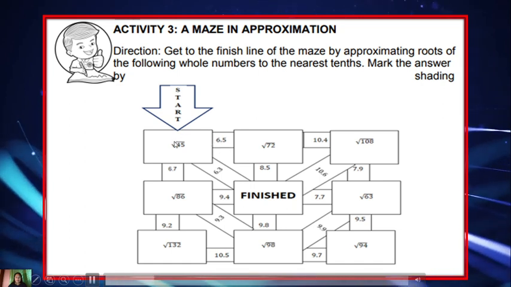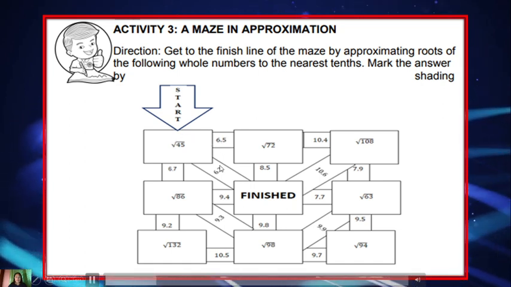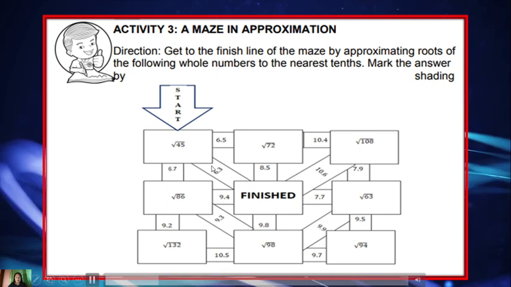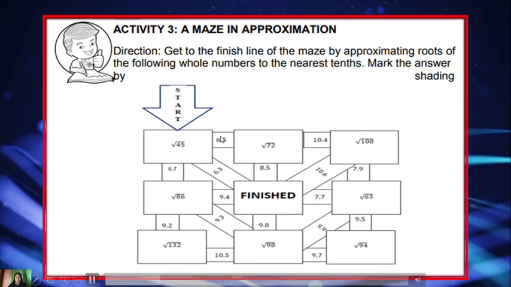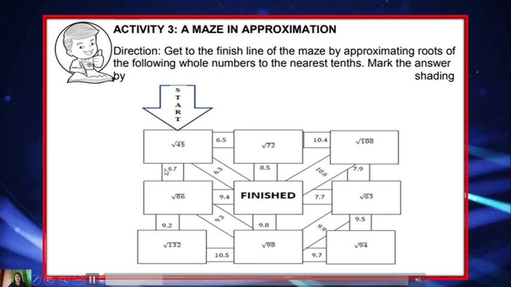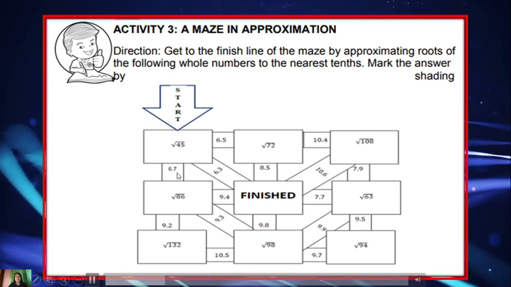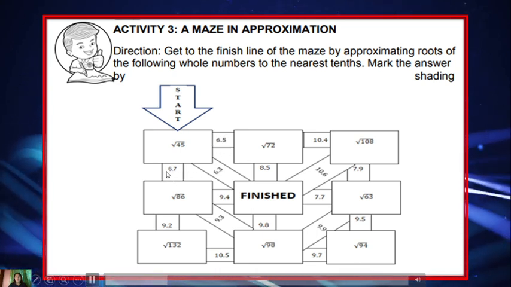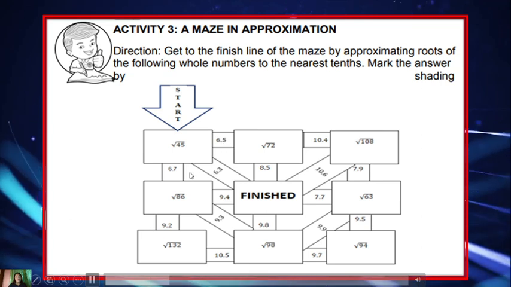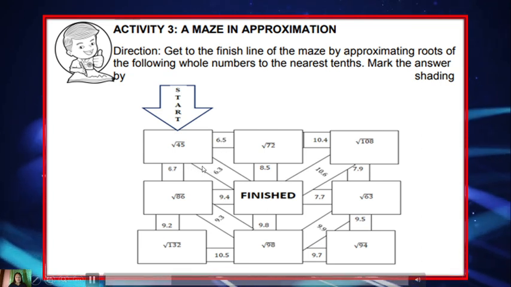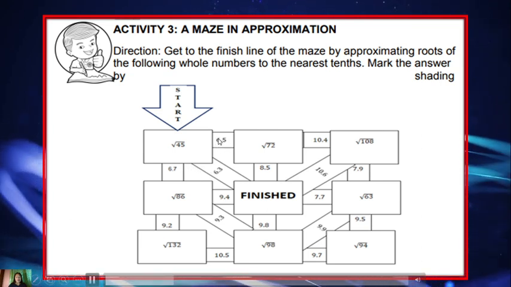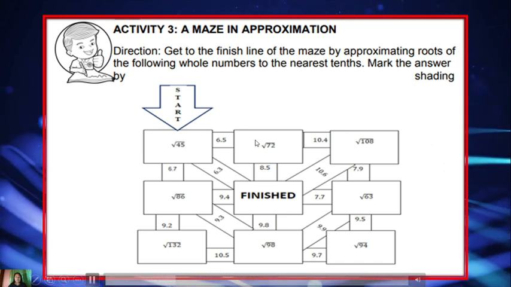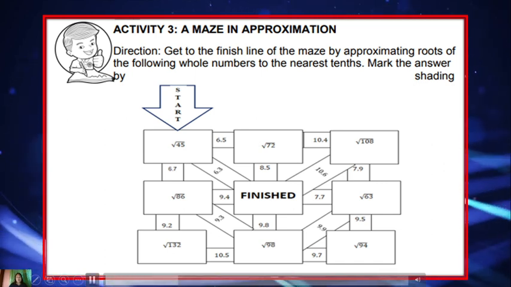So what is the approximate principal root of square root of 45 to the nearest tenth? Okay, so you have your choices in here. So it could be 6.5, 6.3, 6.7. Which among these is the approximate principal root of square root of 45? And then after that, suppose it is 6.5, then you shade square root of 72.